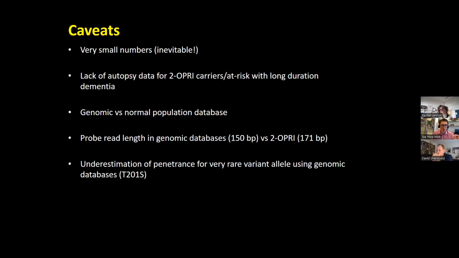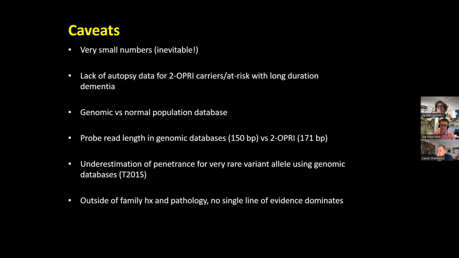And for very rare variant alleles, such as T201S, we might be underestimating the penetrance, or the upper bound of the 95% interval. Because if you expand the denominator 10 times, you might actually raise the upper bound of the 95% confidence interval to about 90%, which makes it a bit meaningless, really.